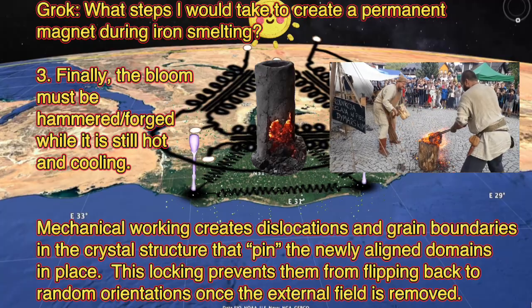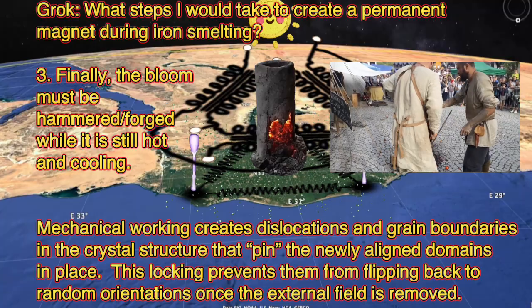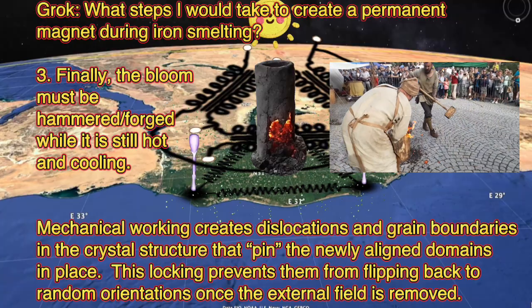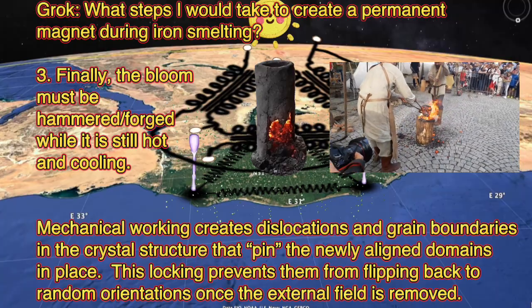So in short, any iron you would smelt within the Egyptian kingdom would have a degree of permanent magnetism when created inside the delta Y's influence.